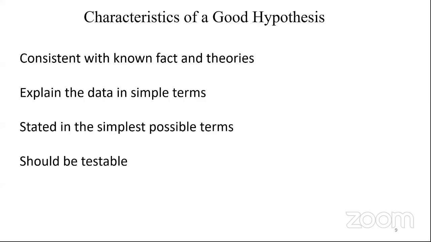And there are certain characteristics of a good hypothesis. These are very brief, and as we were saying, there is something called a fact and theory, or theory and experience. So there should be a consistency between the facts and theories. That is a part of a good hypothesis.